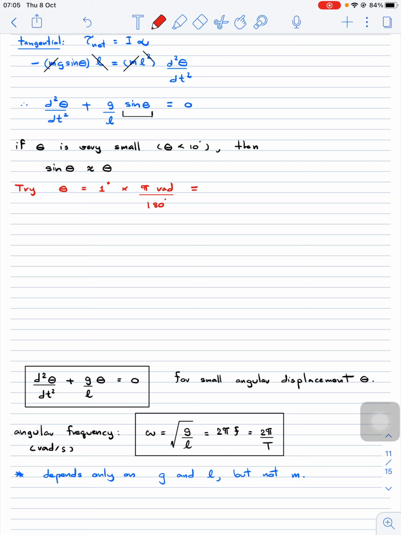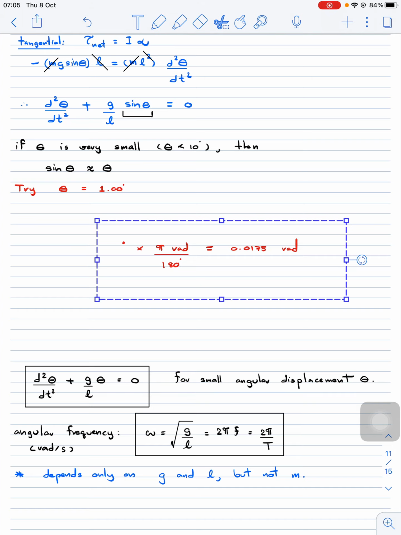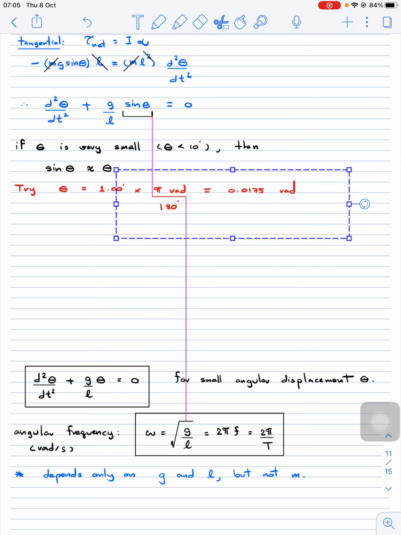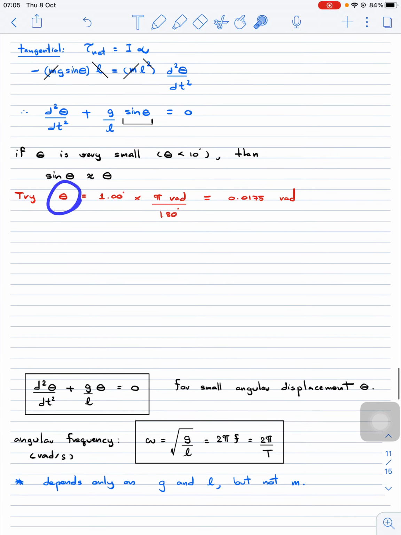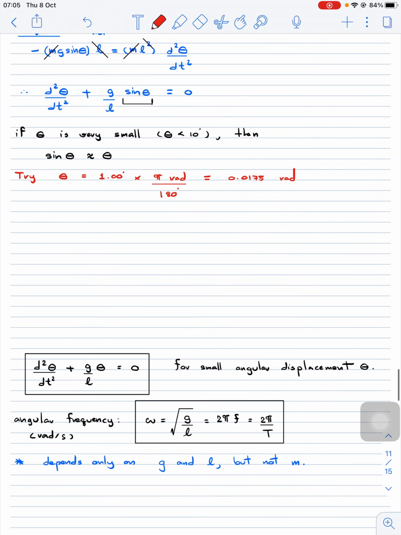In this case, we get 0.0175 radian, to 3 significant figures.